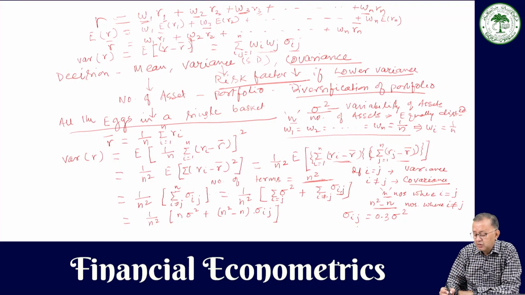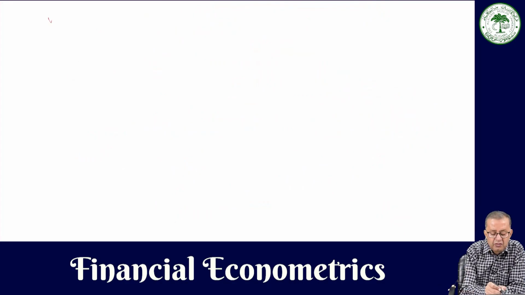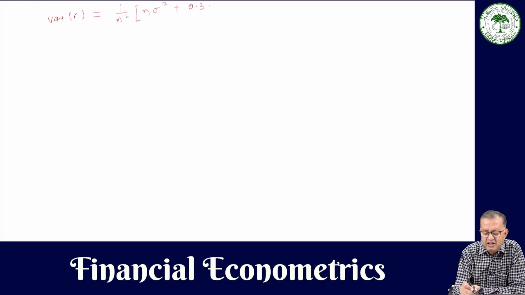It means the assets are correlated like this: sigma ij is equal to 0.3 into sigma square. Variance of R can be written as 1 upon n square, n sigma square plus 0.3 sigma square into n square minus n.